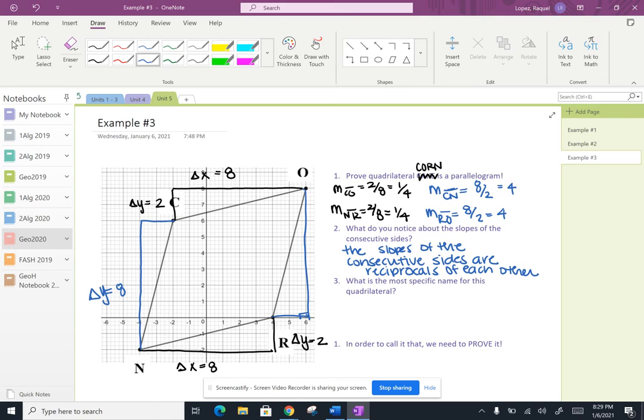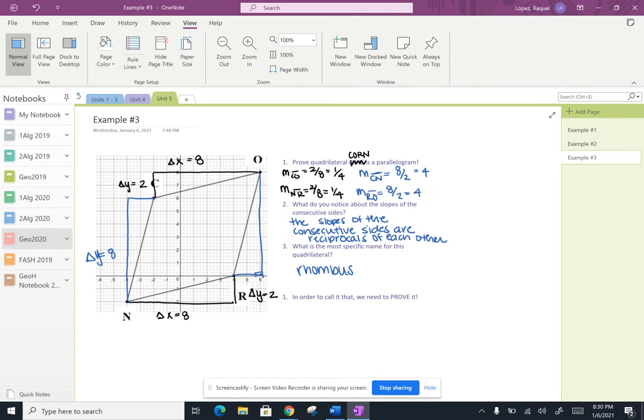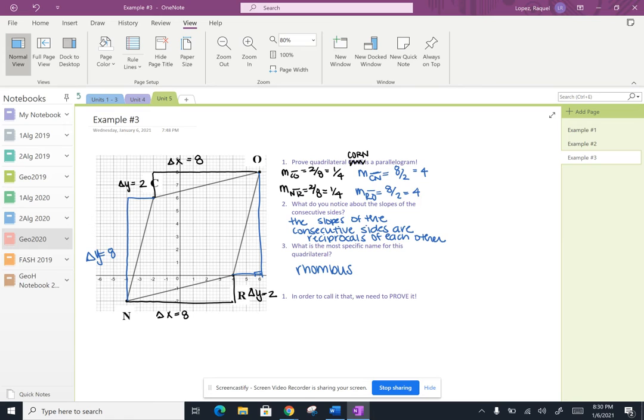I don't know what the name for this specific quadrilateral would be just yet. Sorry, words are hard, guys. But I'm going to guess that it's a rhombus. Okay, now one of the properties of a rhombus is that all of the sides are congruent to each other. So we need to prove that that's actually true.